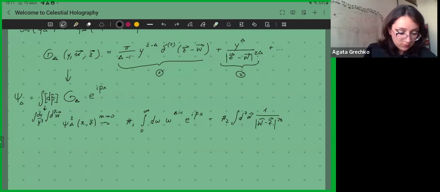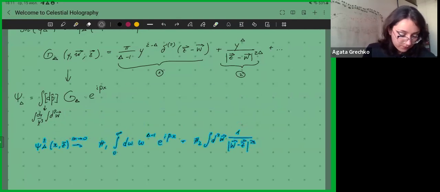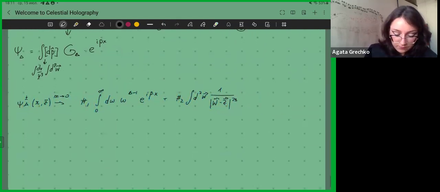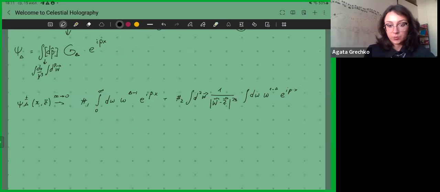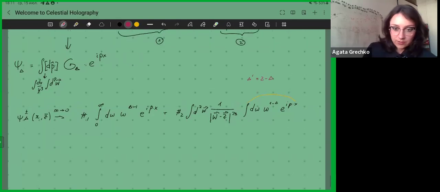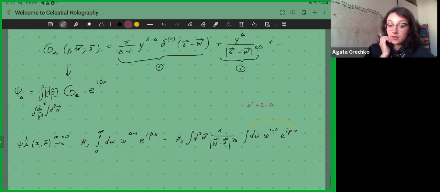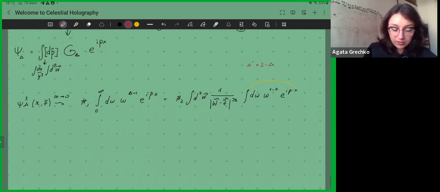And now the rest is the Mellin transform again, with some different weight. If we rewrite this second integral for the shifted dimension delta prime, that is 2 minus delta, you see where it's going, right? The powers already remind us of the shadow. It will be clear that the second term is just the shadow transform of the first one.